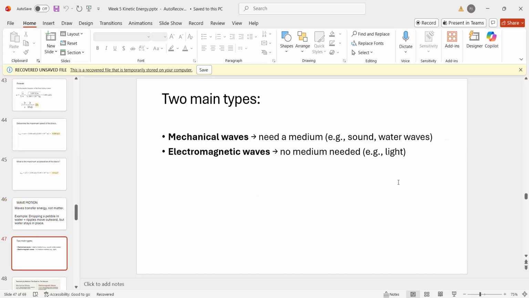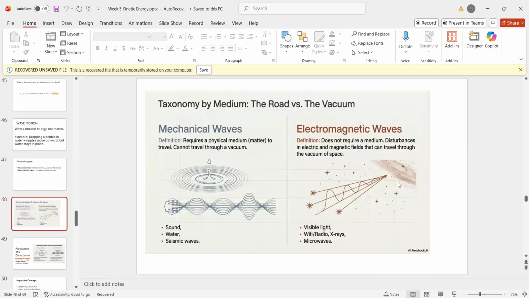Now these waves, we have two forms of this wave that we talk about: mechanical waves and electromagnetic waves. Basically we say that mechanical waves need a medium to be transmitted, and the electromagnetic waves need nothing like a medium. You can easily get to the other end.